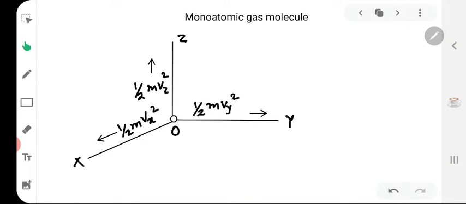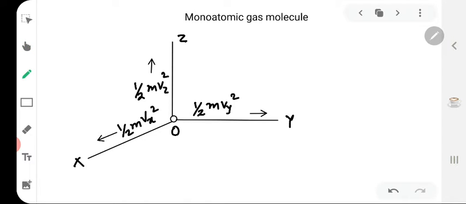So let's begin with monoatomic gas molecule. Now, you can see that a monoatomic gas molecule can absorb kinetic energy of translational motion along each of the three axes, x, y and z, and hence possesses 3 degrees of freedom corresponding to translational motion. Now, as the monoatomic gas molecule is considered to be a point mass, it cannot possess kinetic energy of rotational motion and hence does not possess any degree of freedom corresponding to the rotational motion.